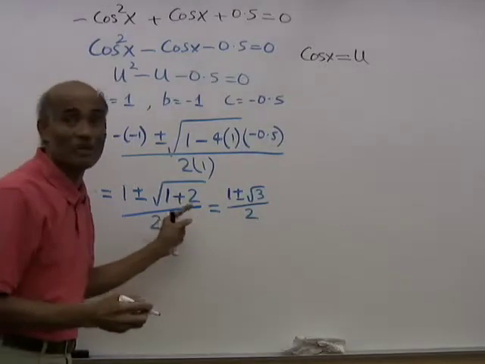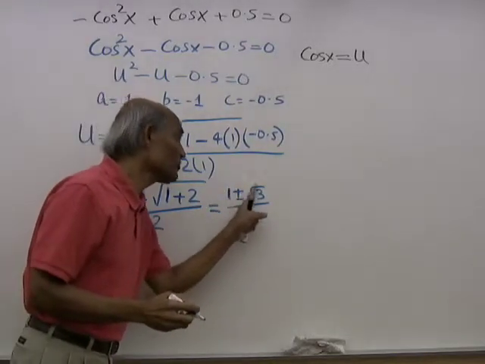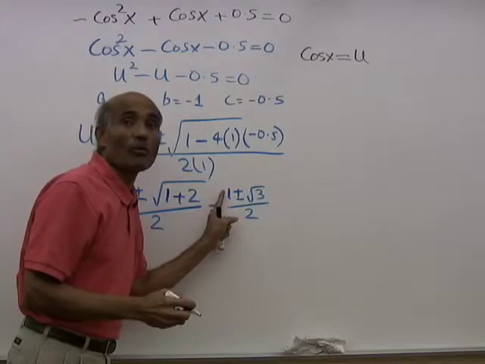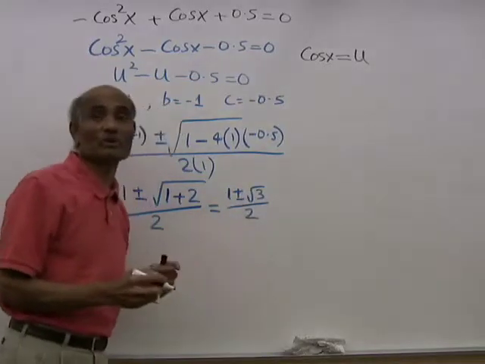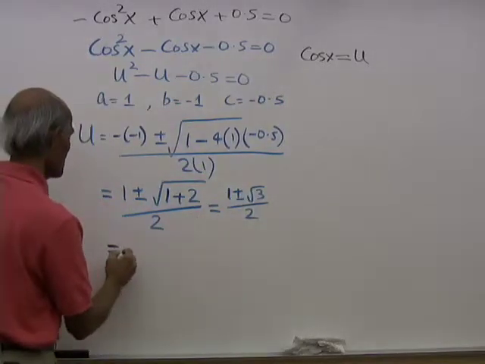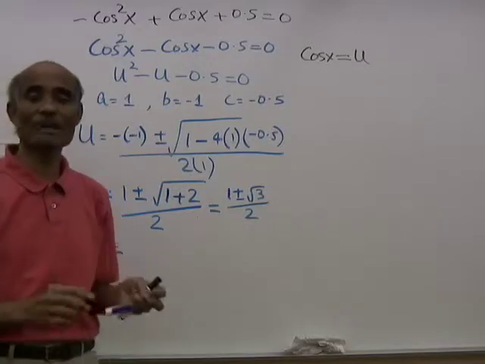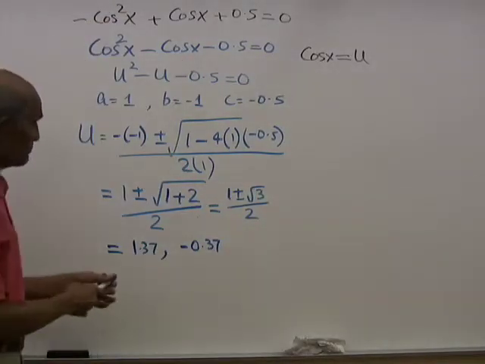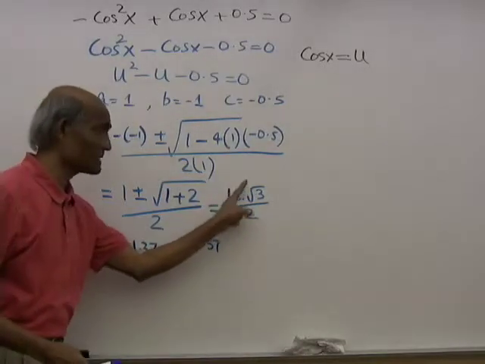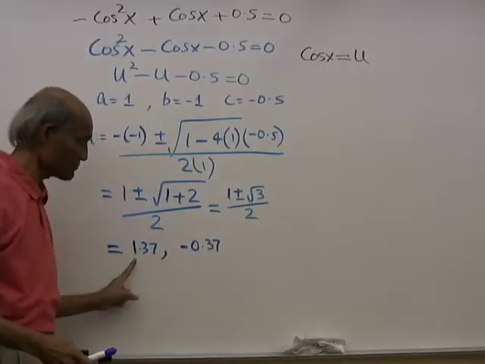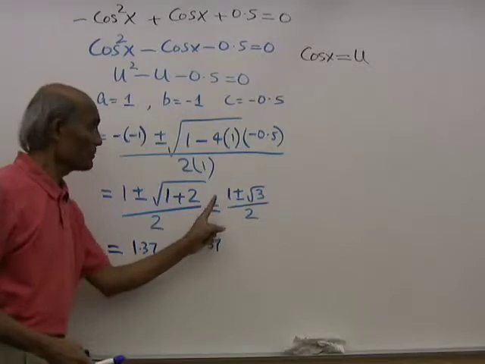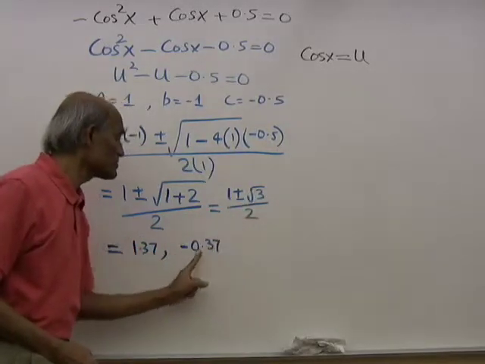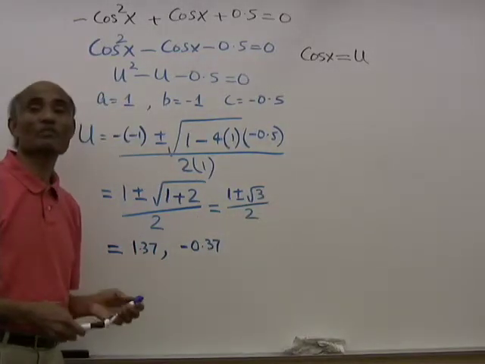It gives you two values. 1 plus square root 3 over 2, 1 minus square root 3 over 2. What are those values? Can you use the calculator and give me those values right away? Well, I hope you got these values. We got two values. 1 plus square root 3 over 2 is 1.37. And 1 minus square root 3 over 2 is 0.37.